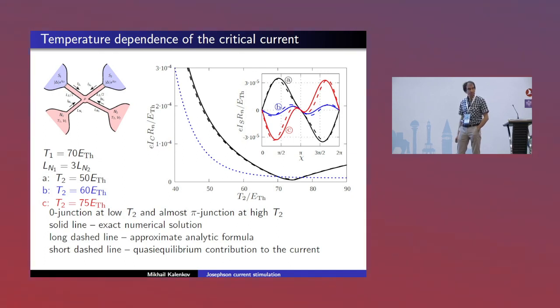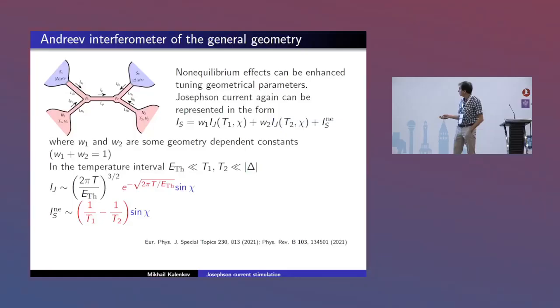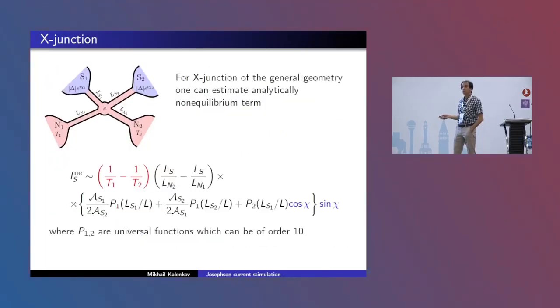So, is it possible to calculate the thermophase Seebeck coefficient in this geometry? People have calculated it for a simple Josephson junction.